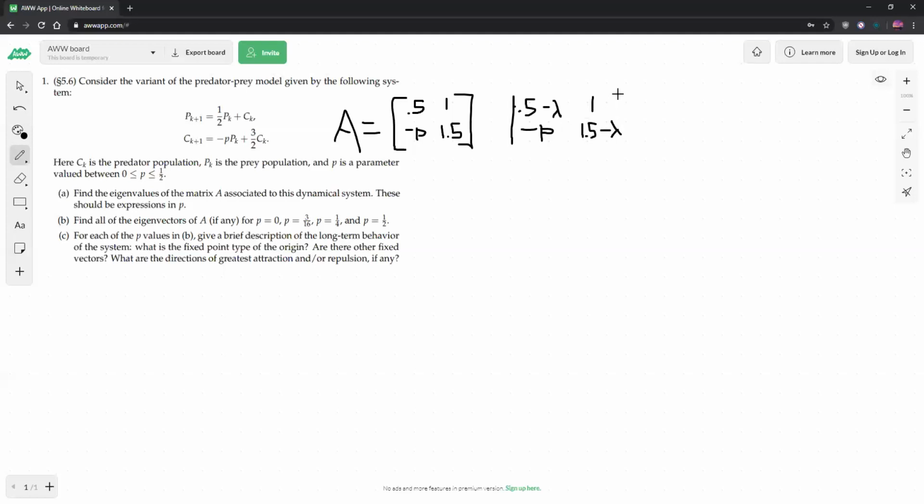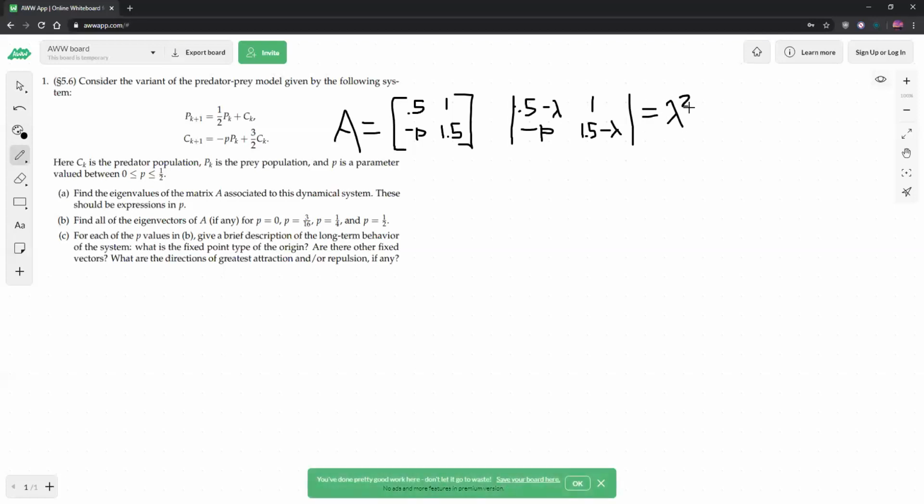So it's going to be a little bit of math. We have a P in here, so that's something to watch out for, is that we don't want to get rid of that. We're going to have an answer in terms of P. If you calculate this out, we're going to get lambda squared, and we have a negative 0.5 minus a 1.5.